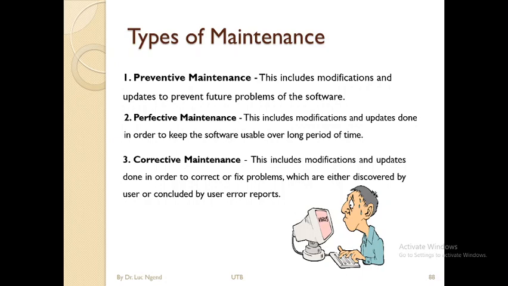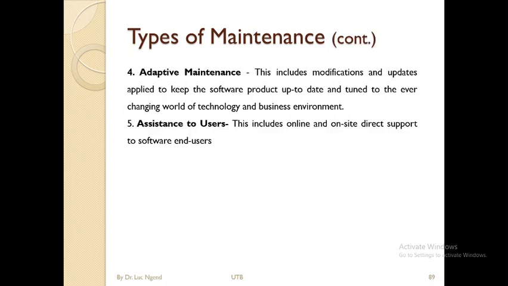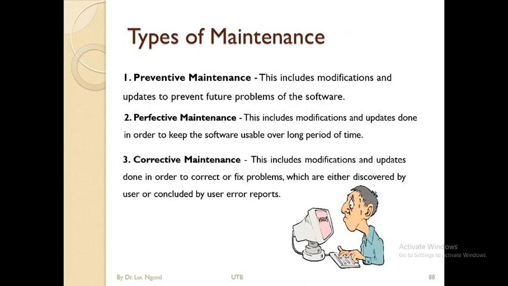So what you do is you perform perfective maintenance to make it more attractive, but without adding any functionality. When you add functionalities to an existing system, you add new features due to changing world technology, new requirements, and so on, then it is adaptive maintenance.